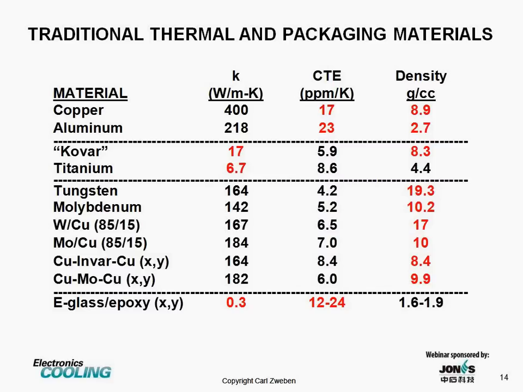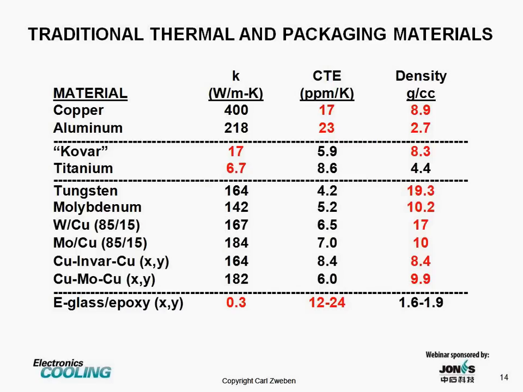If we look at traditional thermal management and packaging materials, at the top we have copper and aluminum. They have good thermal conductivities, but unfortunately very high coefficients of thermal expansion, 17 and 23 respectively. That gives rise to thermal stresses.